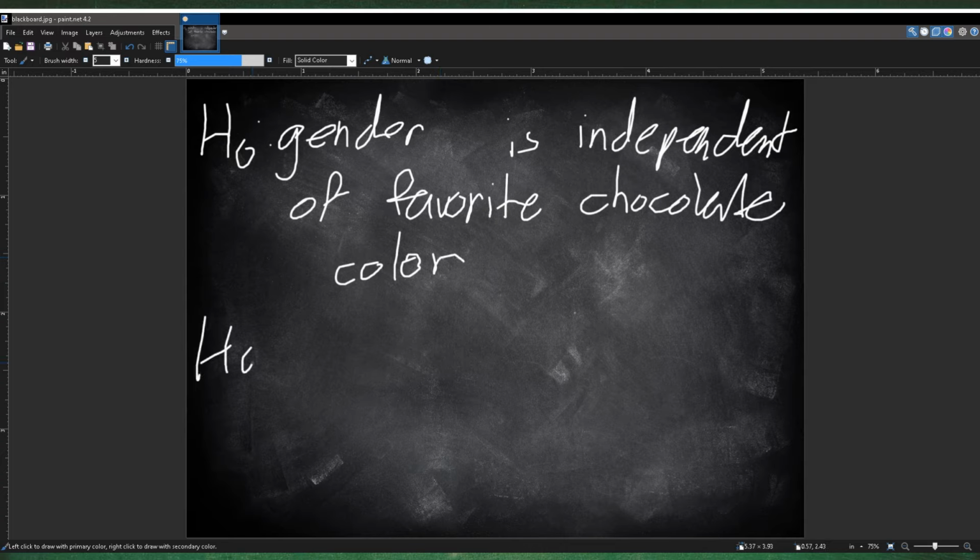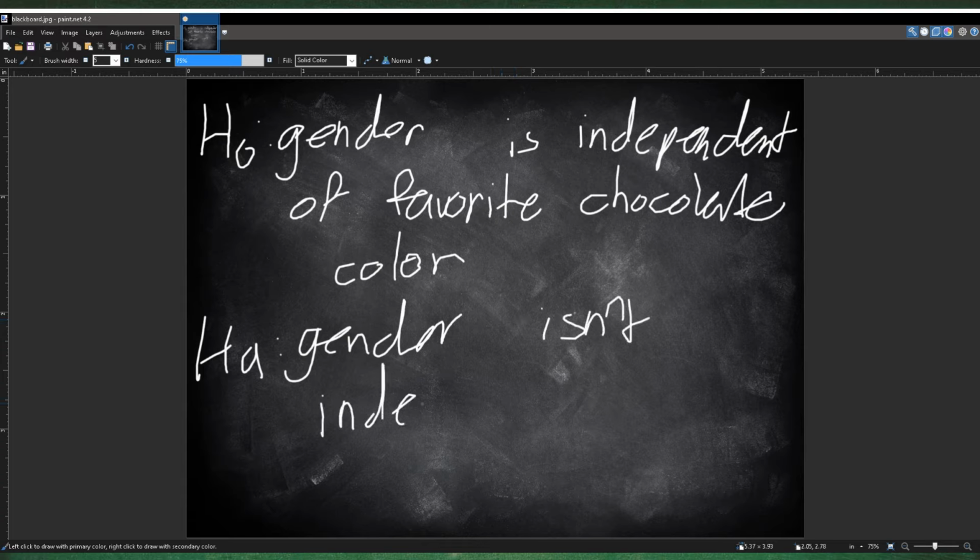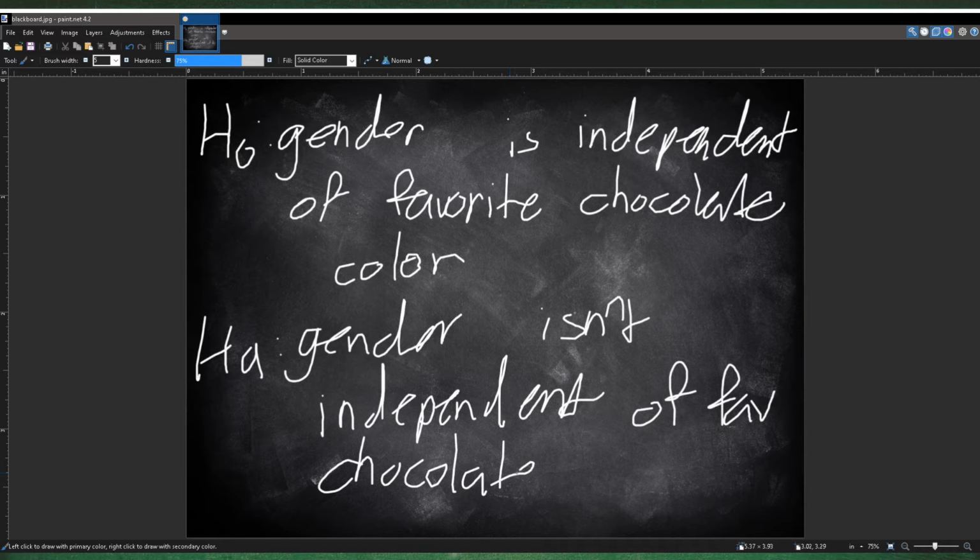And then the alternative hypothesis, HA, is gender isn't independent of fave chocolate color. So that's your null hypothesis and your alternative hypothesis. It's independent and it's not independent.